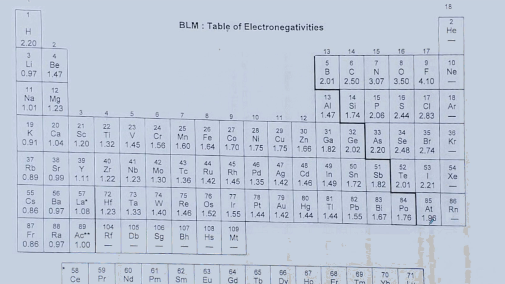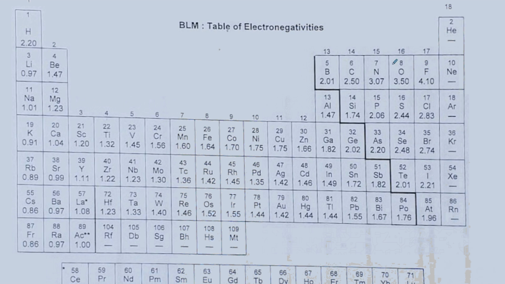And if you go from the bottom of a group or family upward, you also see an increase in electronegativities. That means these atoms over here in the top corner are the three most electronegative atoms on the periodic table, with fluorine being the most electronegative.